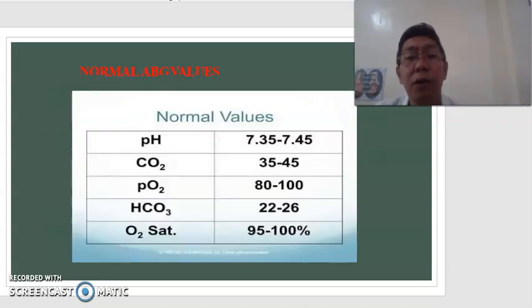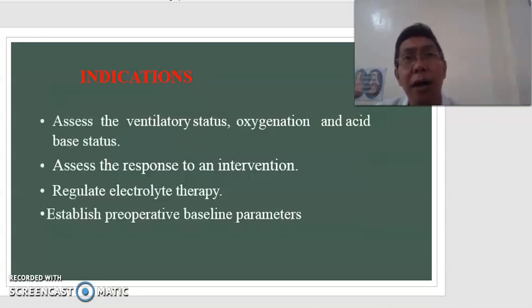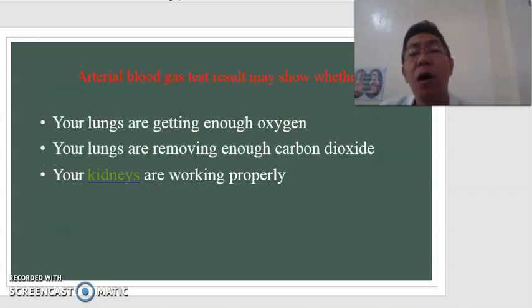These are the normal values in a table. ABG analysis is indicated so that we can assess the ventilatory status, oxygenation and acid-base status of our clients, assess the response to an intervention, regulate electrolyte therapy, and get preoperative baseline parameters to determine the status of the patient before undergoing any surgery or procedure. The arterial blood gas test result may show whether our lungs are getting enough oxygen, whether they are removing enough carbon dioxide, or whether our kidneys are working properly.